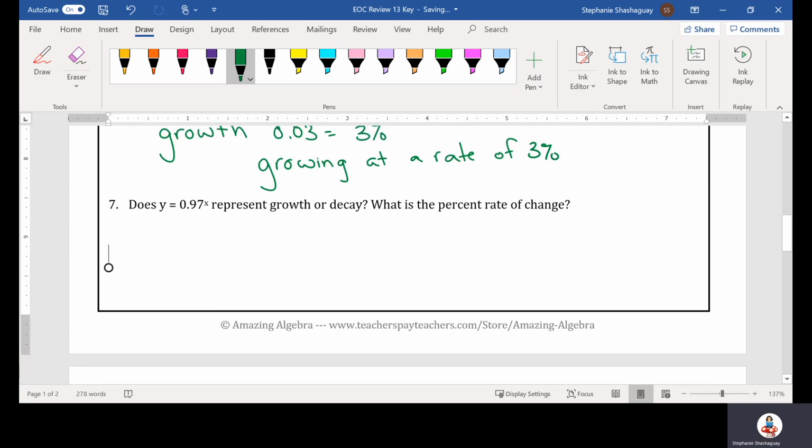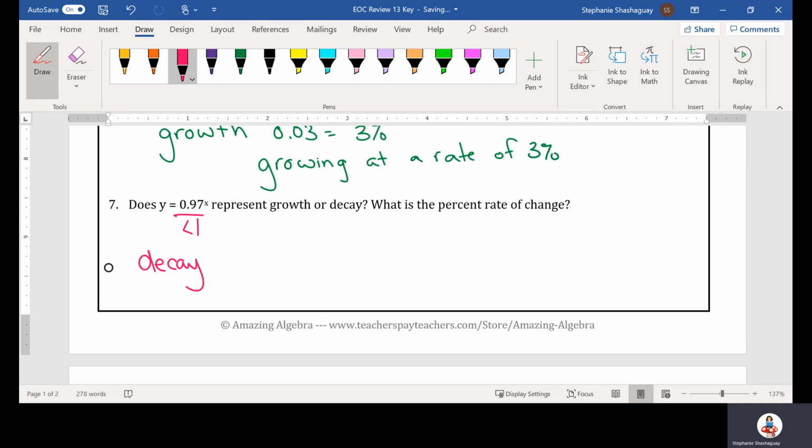Now, number 7 says, does y equals 0.97 to the power of x represent growth or decay? Well, here 0.97 is less than 1. And if it's less than 1, then I'm going to have decay.